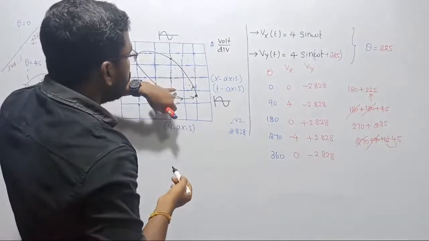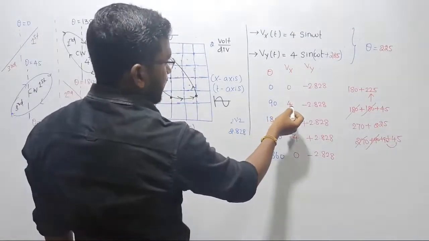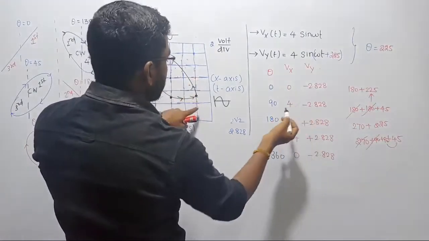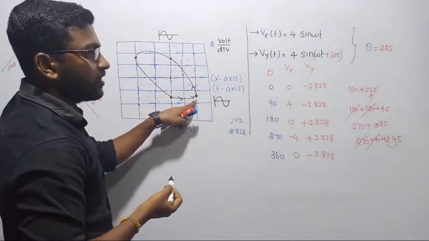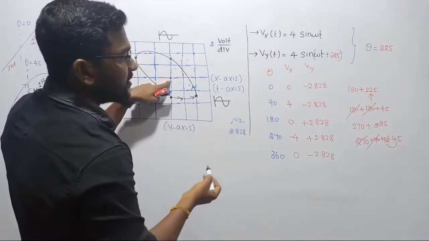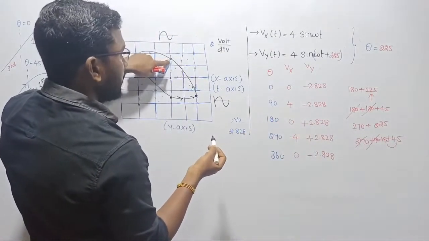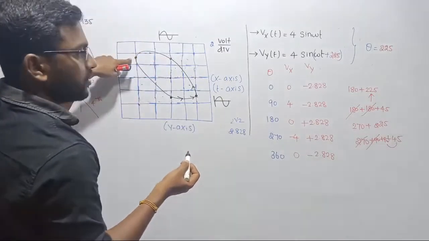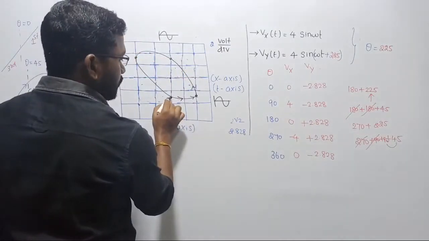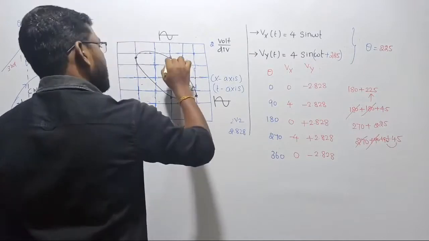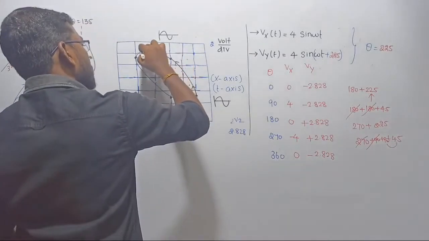Second point is 4 comma, that is in the x-axis plus 4, y-axis minus 2.828. Third point, x-axis value becomes 0, y-axis plus 2.828, we got this point. Fourth point, I got this one. So first I went up with this one, second I traced to this point, again we are spotting this point, and then this point.